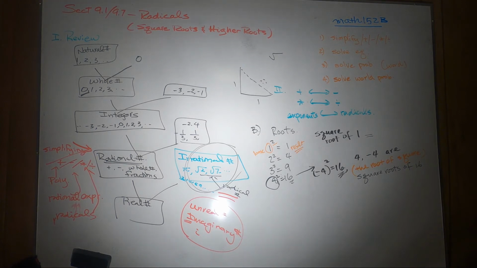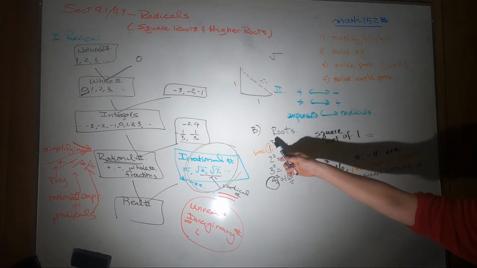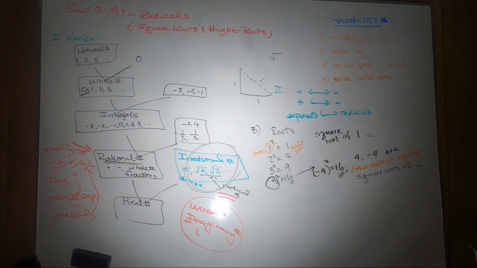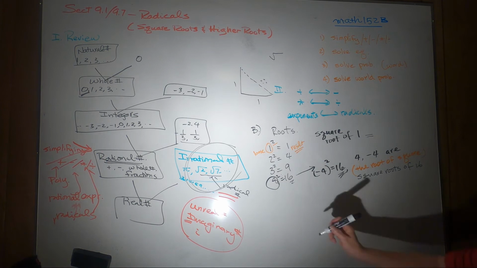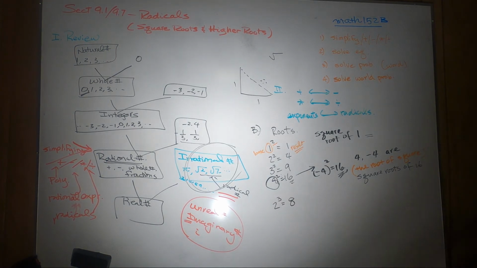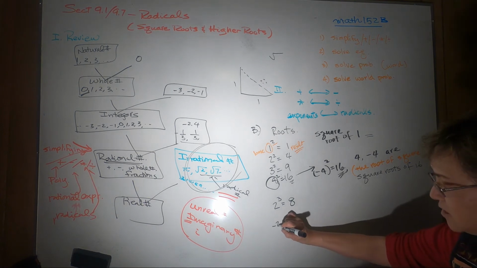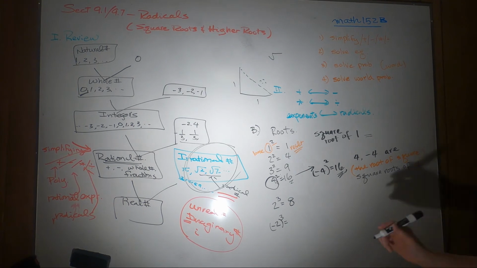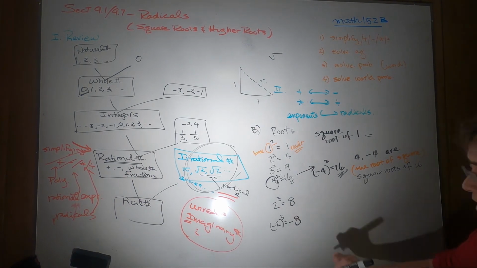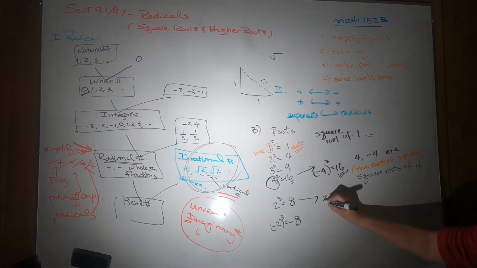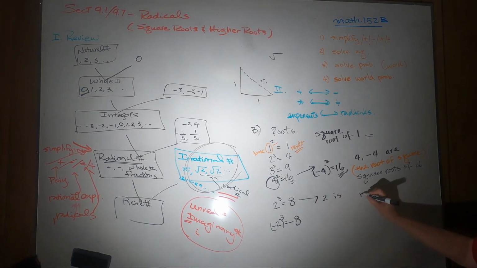So instead of doing exponents, we go back to find the roots. Where are they from? Okay, 2 cubed would be what? 8, right? Negative 2 to the third power would be what? Negative 8, right?